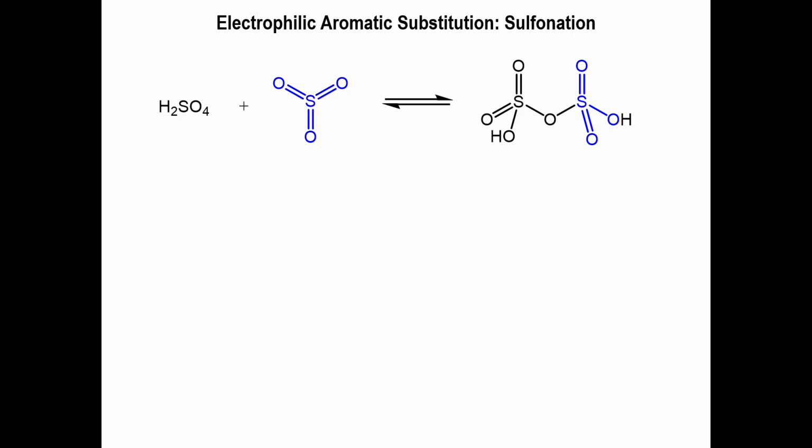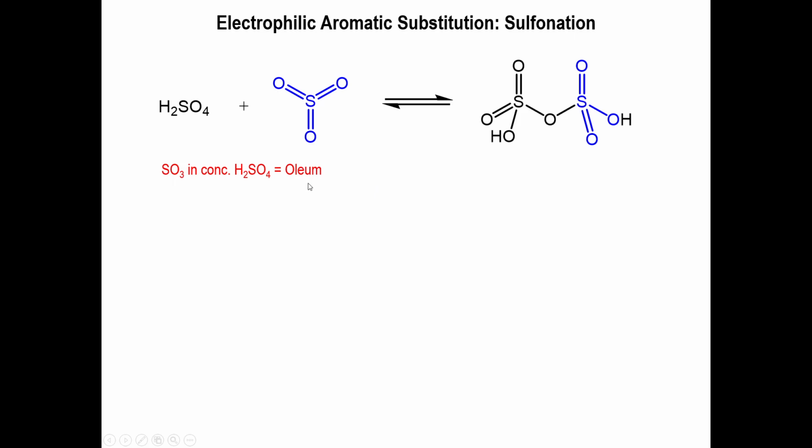All right, so sulfur trioxide is a pretty strong Lewis acid, as I mentioned earlier, and if you bring that in the presence of plenty of concentrated sulfuric acid, you will form this dimeric derivative right here, and together this mixture is known as oleum.